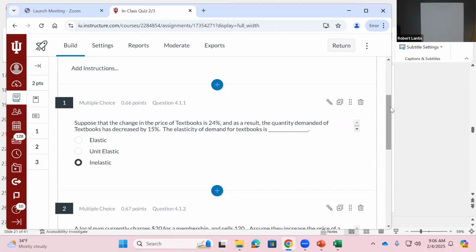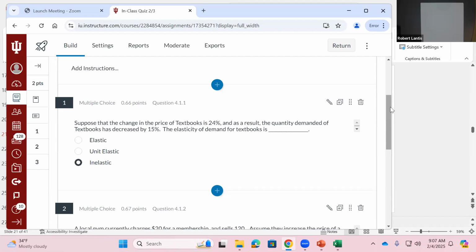Yeah, so the thing that's in our numerator is always what is being responsive. When we talk about the price elasticity of demand, it's how is demand responding to changes in price. So whatever is changing, that price, that's always going to be in our denominator. So if I've got a percentage change in the price of 24% and percentage change in quantity demanded of 15, my elasticity of demand is going to be less than or greater than 1?